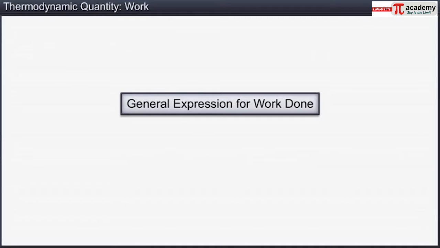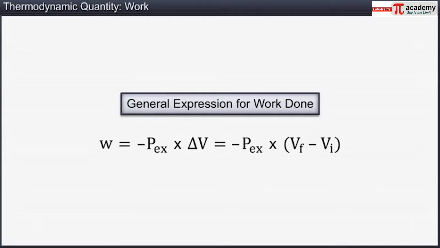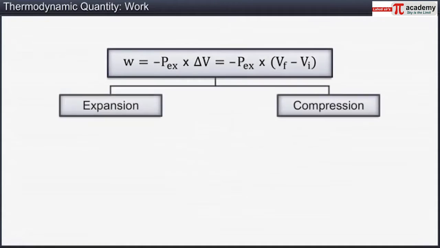Therefore, the general expression for work done is written as W equals minus external pressure Pex multiplied by change in volume delta V, which is equal to minus external pressure Pex multiplied by final volume Vf minus initial volume Vi. The expression of work applies for both expansion and compression of a gas.